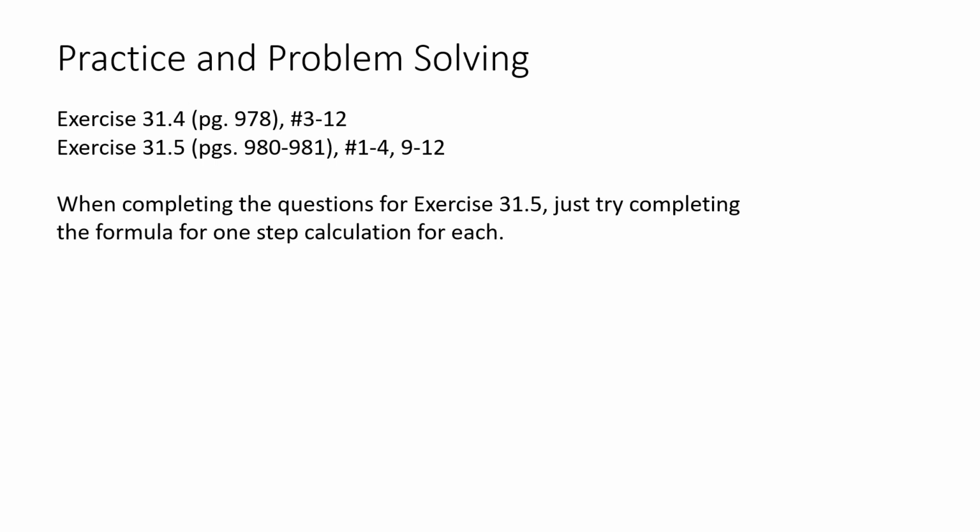These are the practice exercises I recommend. What I will tell you is for exercise 31.5, when you're doing Euler's method and Runge-Kutta, just try completing the formula doing one step in the calculation. So sometimes these questions will ask you to find it for between x is 0 and x is 1.2 when your step value, sometimes they call it delta x, sometimes they call it h, it's the same thing, is equal to 0.3.